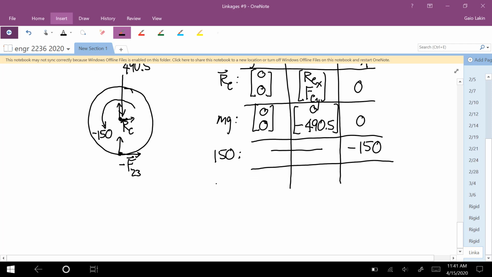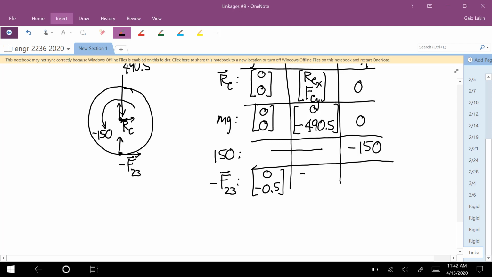And then the last one is our negative F23. The rho vector, the radius is 0.5. So the rho vector is 0, negative 0.5.